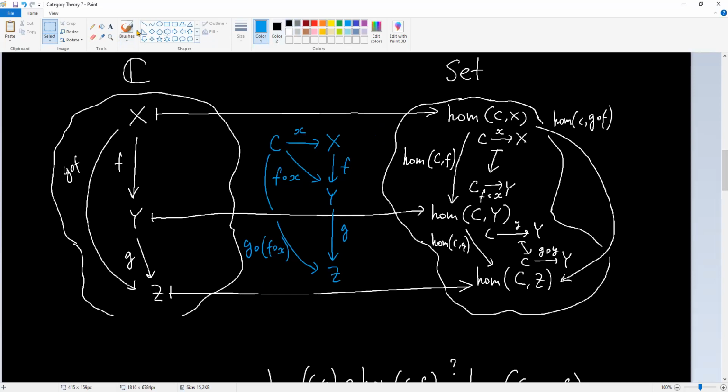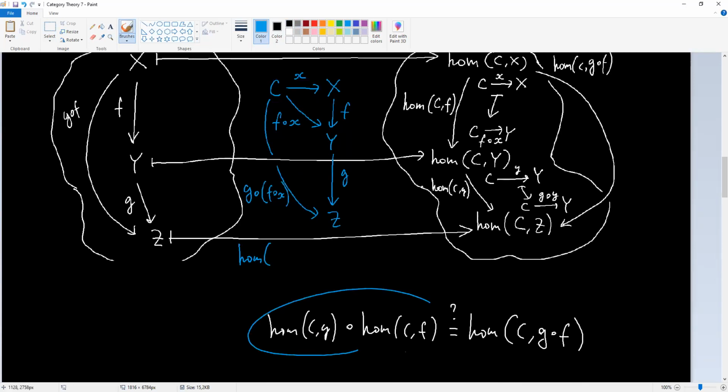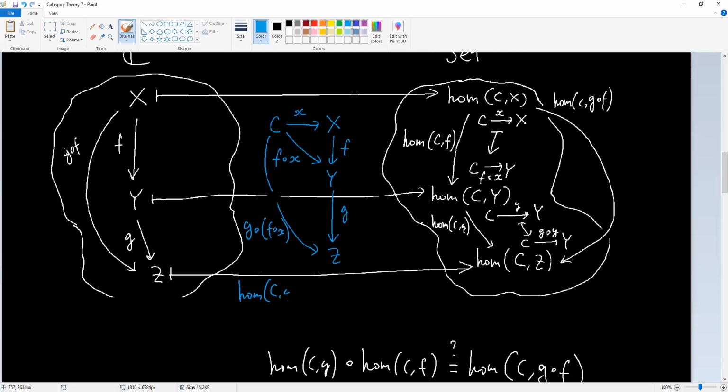So I take my hom CG composed with hom CF, and I want to apply that to X, trying to evaluate this composite as an element. What does that equal to? Well, that's the same as applying this first to X and then applying that to X, which will be G composed with F composed with X.